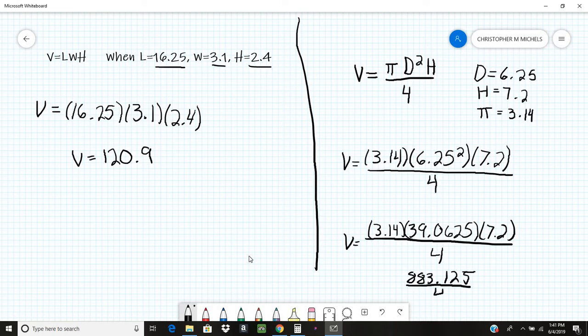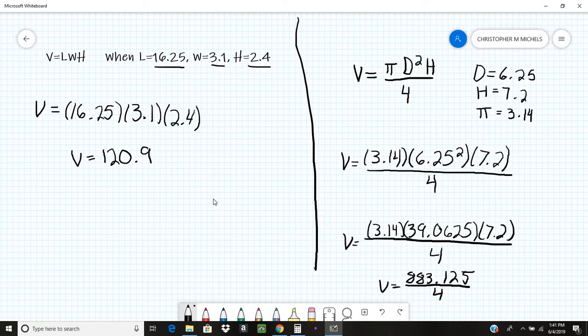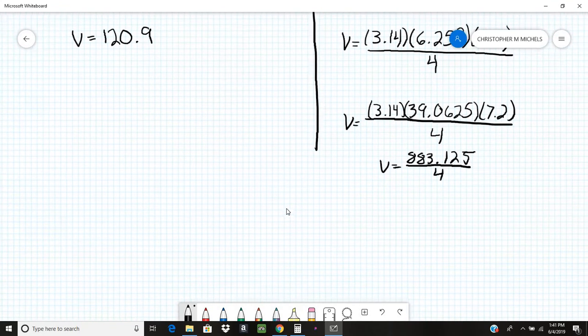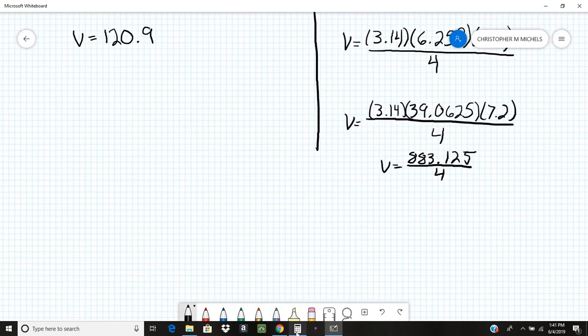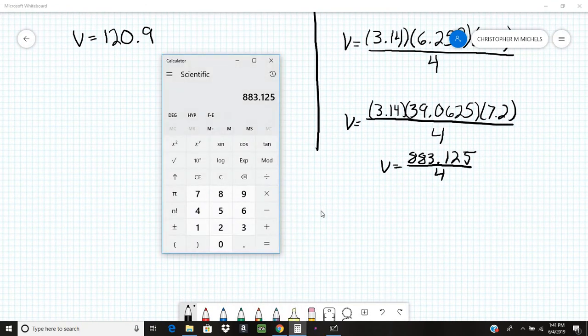Didn't do the divided by 4, so that still comes down, and that still equals V. Okay, I always say the more you can write down, the better off you are, especially if you want this stuff to stick. Because a lot of people are like, oh, I can just plug it in a calculator and get the answer. Well, yeah, that's true, but if you know how to break the math down yourself, then that's what takes you from just plugging things into the calculator to, okay, I can troubleshoot things. So now we divide by 4.